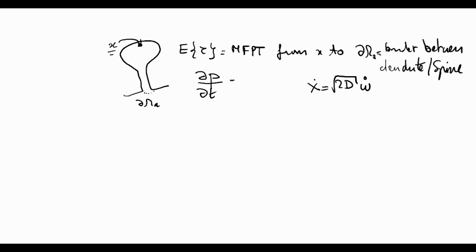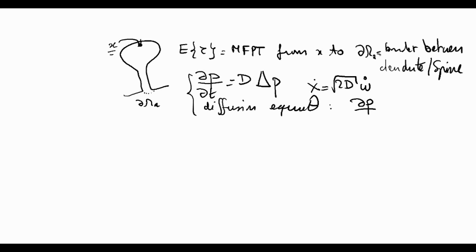The probability density function just satisfies the classical diffusion equation, with the correct boundary condition, which is the reflecting boundary condition, dp/dn equals 0, everywhere here, except at the absorbing part where we have absorption.